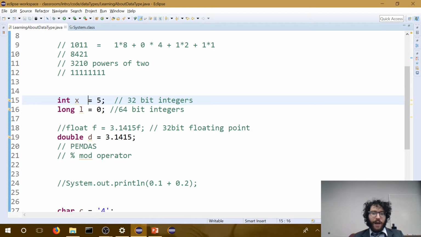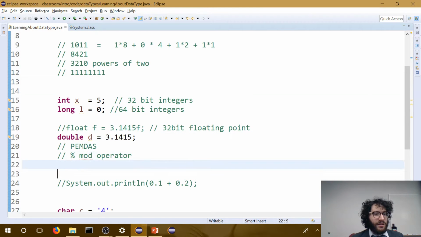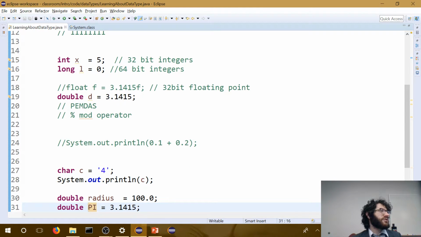Java is an object-oriented programming language, as I mentioned in the first lecture. Essentially, if it's not a primitive, it's an object, which is built using these primitives. These integers, characters, longs and doubles are used to build everything.